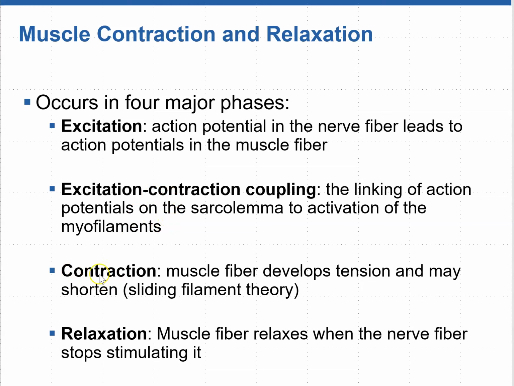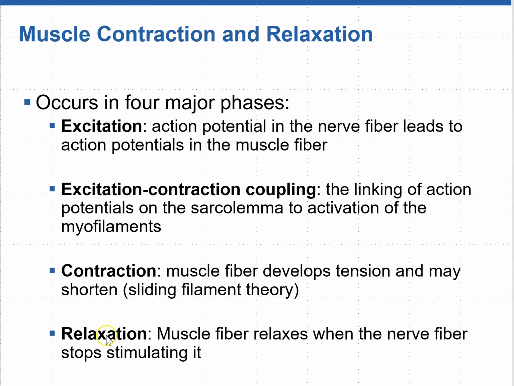Now, the next stage is contraction. Contraction is the contraction of muscle fiber, and during contraction, tension develops in the muscle fiber, and the muscle fiber may shorten. But again, this depends on several factors, but in general, the contraction and relaxation of the muscle fiber is called the sliding filament theory.